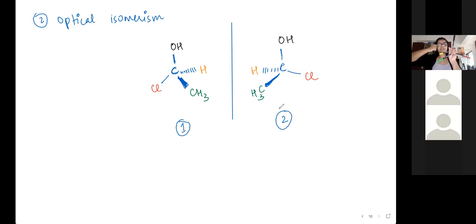So let me just rotate it 180 degrees this way. So OH is on top, toh isko constant rakh lete hain. And this red part has come peeche ki taraf. So if I rotate it, OH and Cl are in their positions. But what happened to the hydrogen and methyl? Did I get molecule 2 from this?